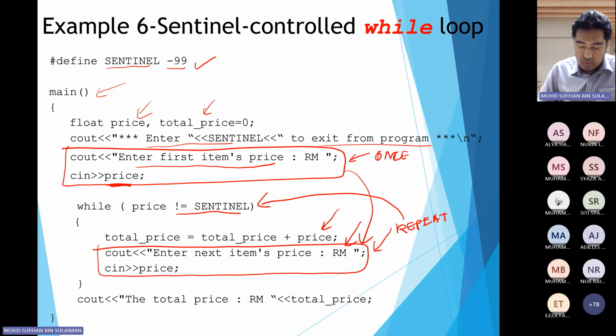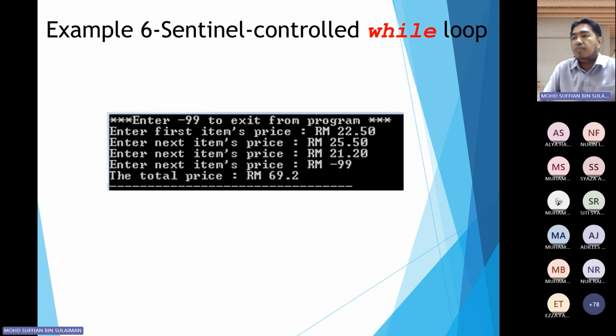And then once we enter -99, what happens? It will stop the loop, and then we will display the total price. So this is the example output. Once you compile and execute it, this is the output.